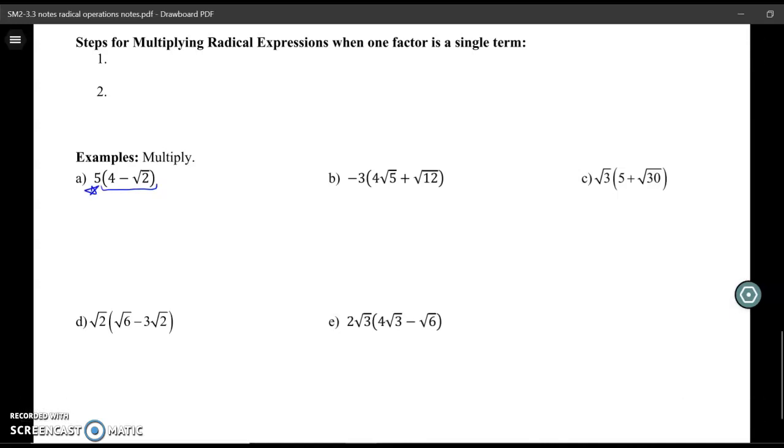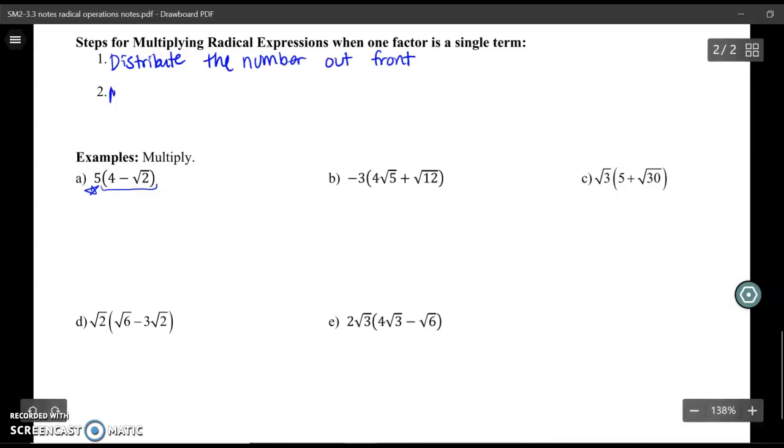So the first step in this situation is to distribute the number out front. Once I've distributed the number out front, then I'm just going to multiply like I did before. So that might just be multiplying integers, or doing the product rule for radicals.